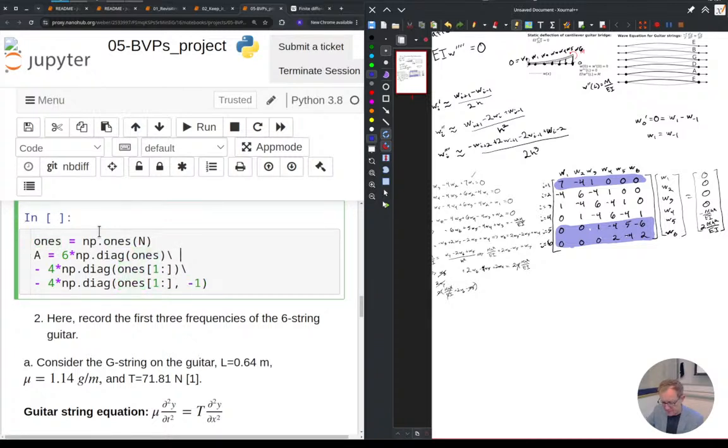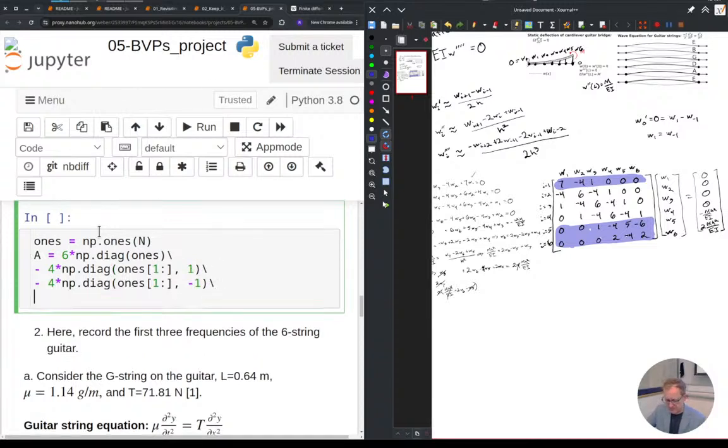And I'm gonna use that diag command to shift it by plus or minus, and then np dot diag of 1's bracket 2, 2.